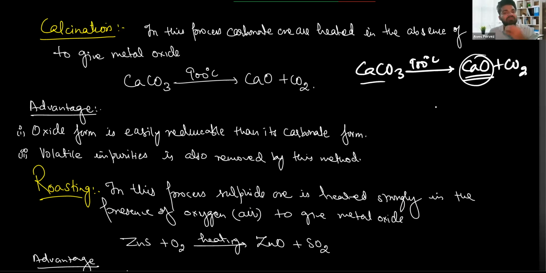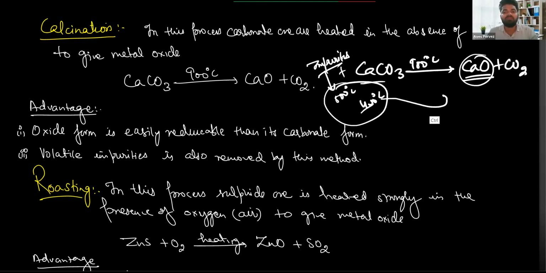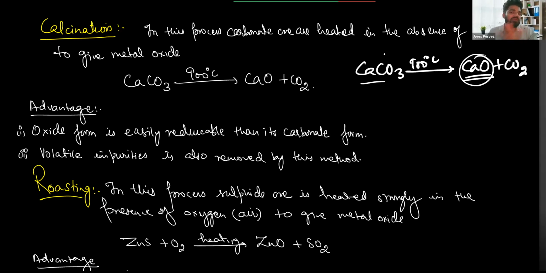For example, when you start heating, impurities that melt at say 500 or 400 degrees Celsius can be easily separated out. So volatile impurities can be removed by this method.